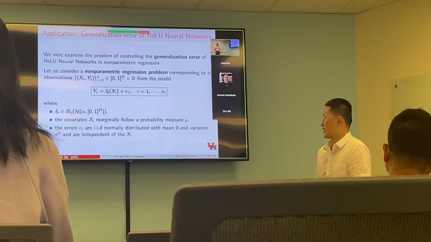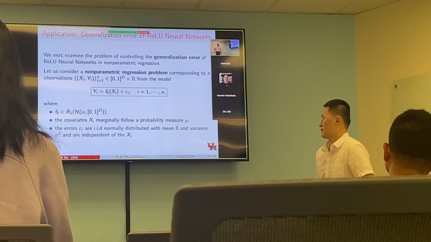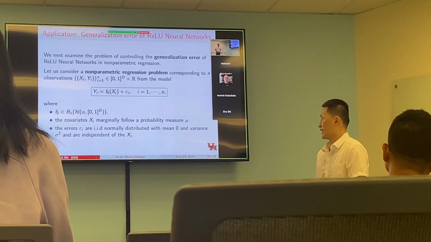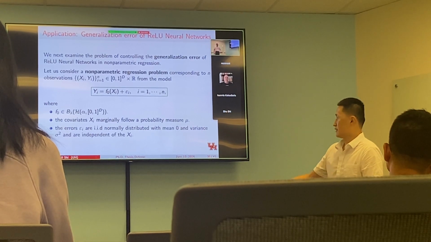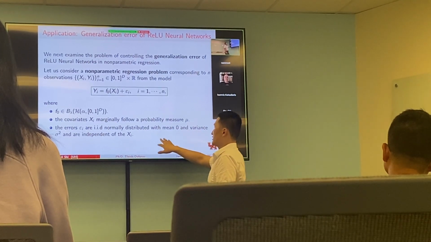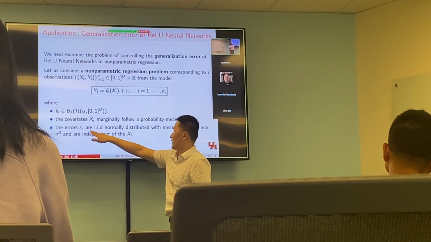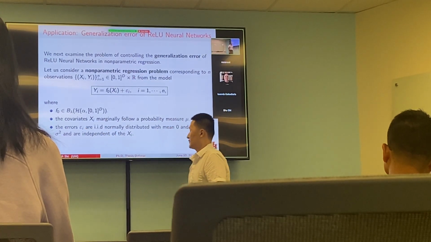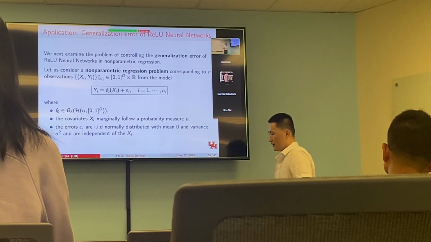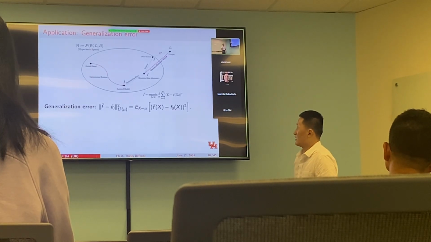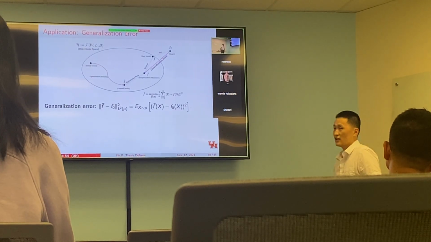The target function f_0 is still an alpha-Hölder continuous function. The following technical assumptions are about the x_i and the errors epsilon_i. Okay, now what is the generalization error?